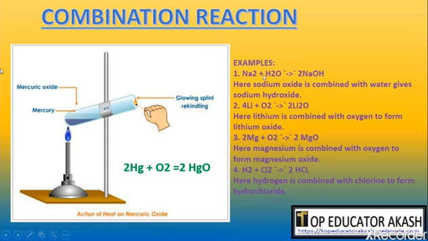Other examples are sodium plus water: when sodium is added to water, sodium hydroxide is formed. When lithium is reacted with oxygen, lithium oxide is formed.